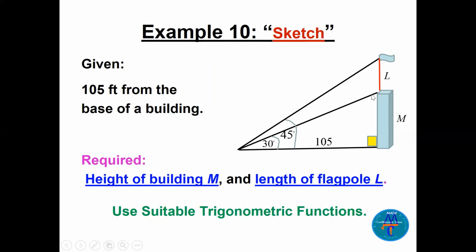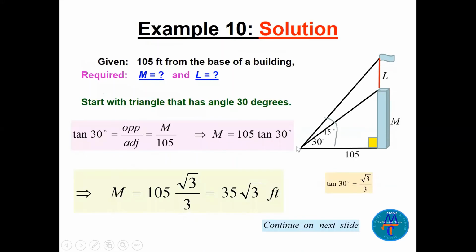So we have this triangle with angle 30 degrees and this is 90. And suppose the height of the building is capital M and the length of the flagpole is capital L. So capital L plus capital M is this whole side of this triangle with 45 degrees.